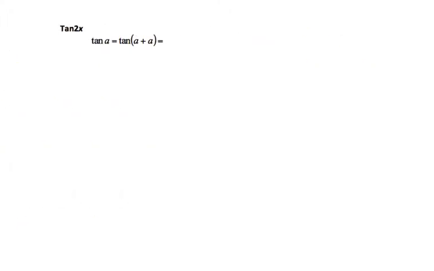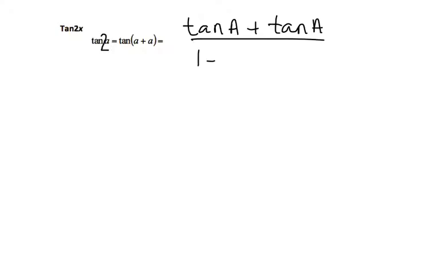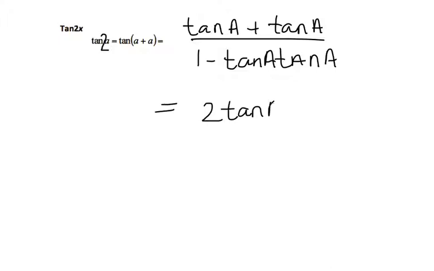Okay, tan of 2a, there's a 2 missing in there, tan of 2a is tan a plus a, which is going to be tan a plus tan a over 1 minus tan a tan a, which turns into 2 tan a over 1 minus tan squared a.